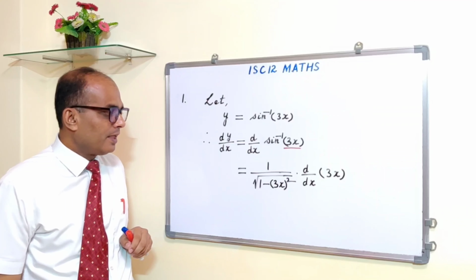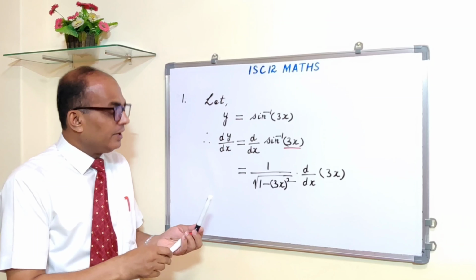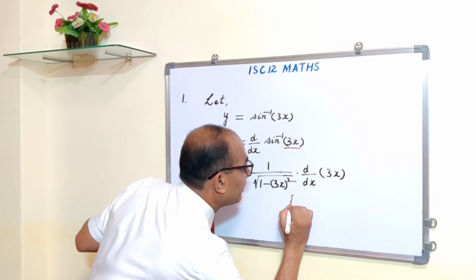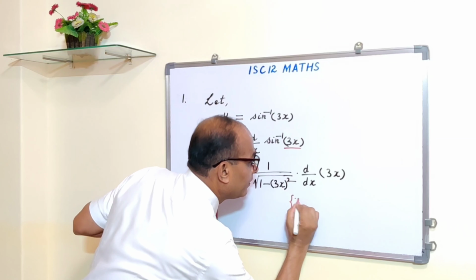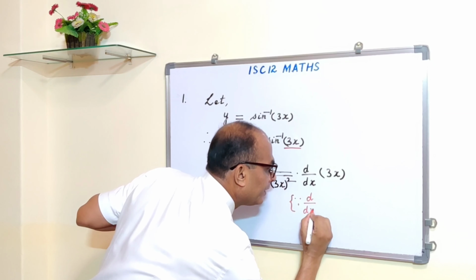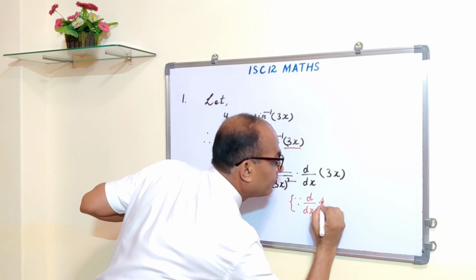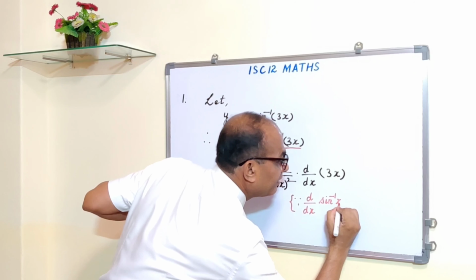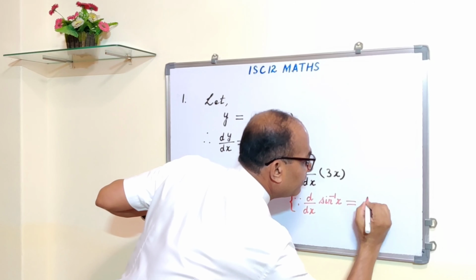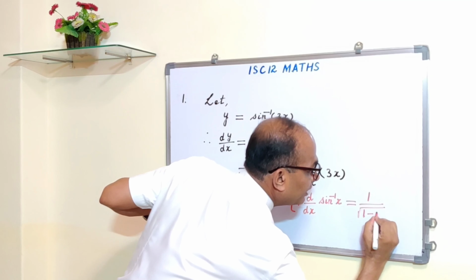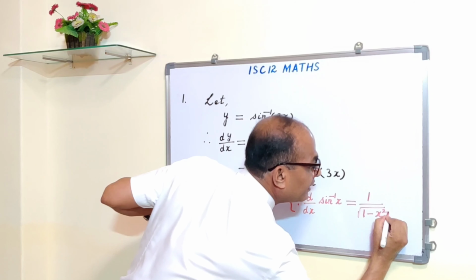The formula we can write down here: d dx of sine inverse x is equal to 1 over root 1 minus x square.